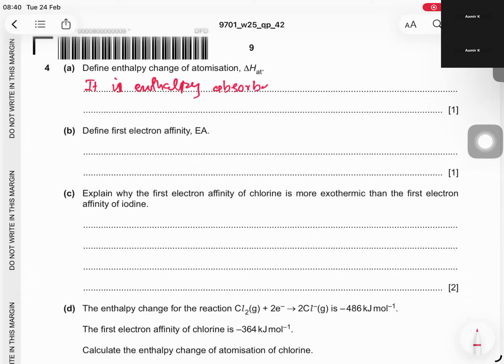So it is the enthalpy absorbed when 1 mole of gaseous atoms is formed from its respective element.